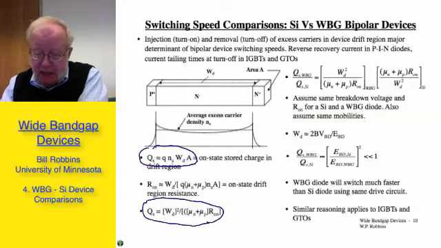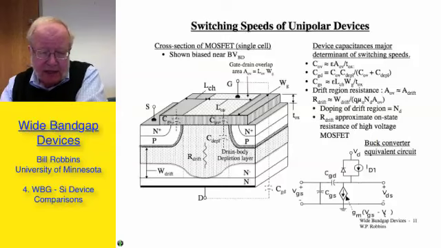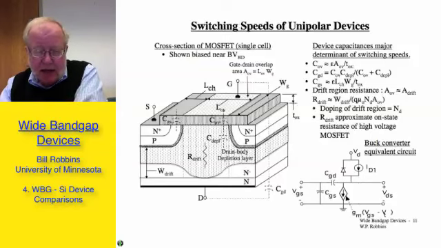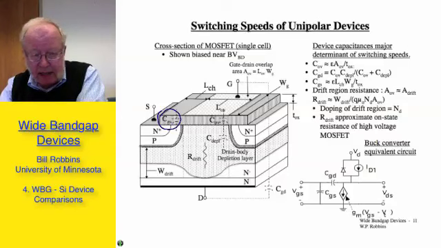If we look at the switching speeds of unipolar devices, to do this I am going to make use of the cross-sectional view of a MOSFET, which I'm showing here on the left-hand side. In particular I am dividing the capacitance of the structure into the gate-source capacitance, which is in this area right here, and the so-called overlap capacitance, which is the capacitance from the gate electrode as it overlaps the drain drift region, in this region right here.